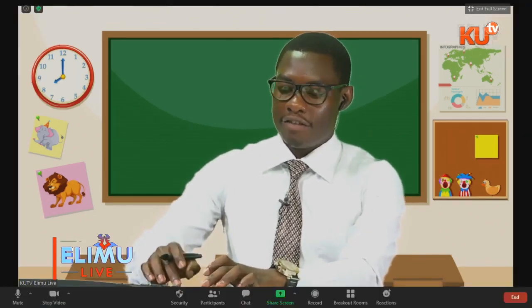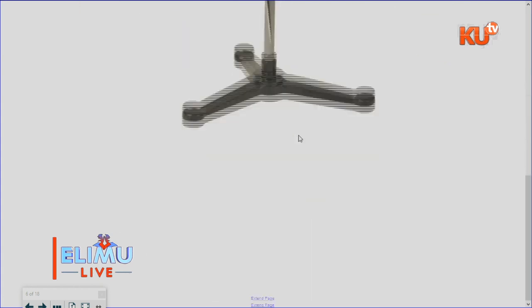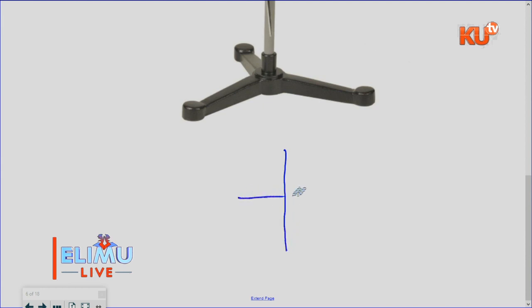When you are given such a question, you can have your compass drawn here. This one is the north, this is south, this is east, and this is west.